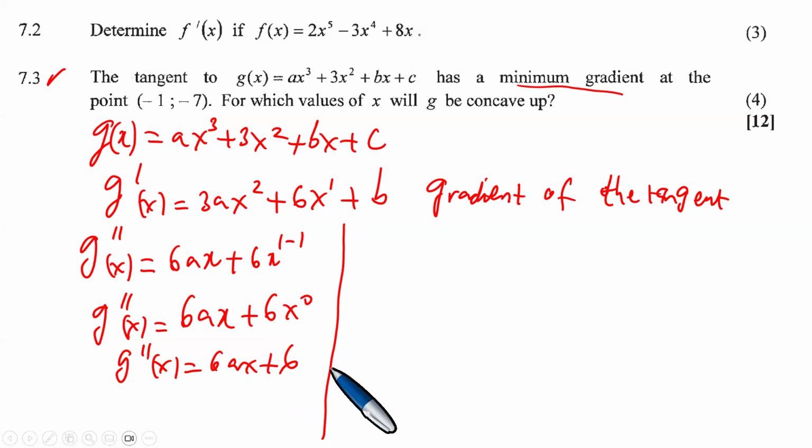Okay, now, the tangent to g has a minimum gradient. So we want the minimum gradient. The minimum gradient is at this particular point there. So it means, therefore, you have g double primed at x equals minus 1.